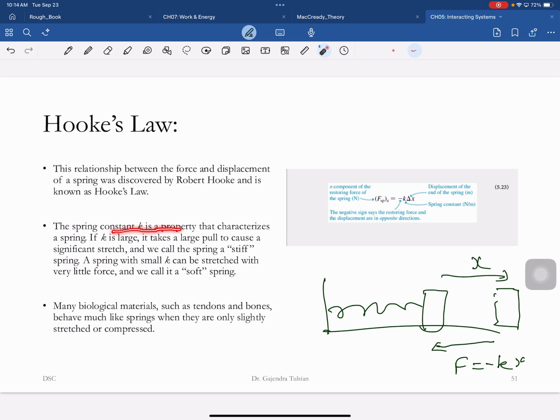The spring constant is a property that characterizes the spring. If K is large, it takes a large force to cause a significant stretch. Okay? And we say the spring is stiff. Many biological materials such as tendons and bones behave much like springs when they are only slightly stretched or compressed.